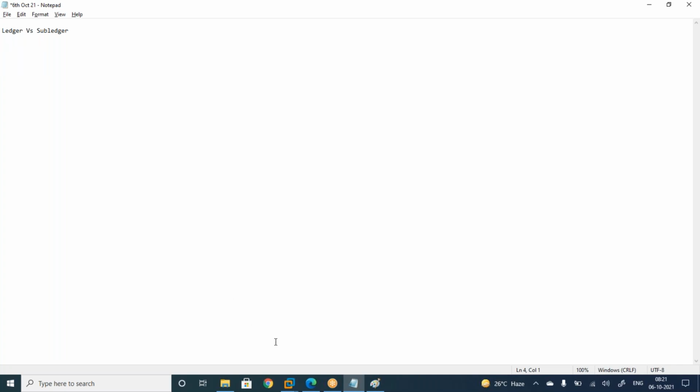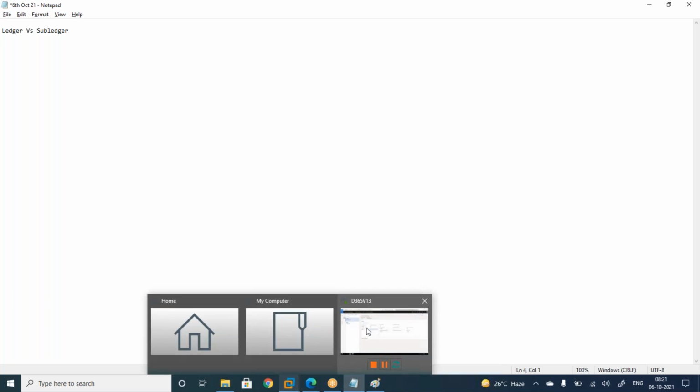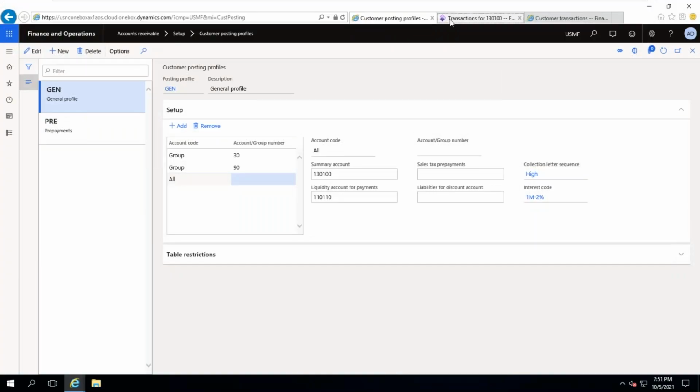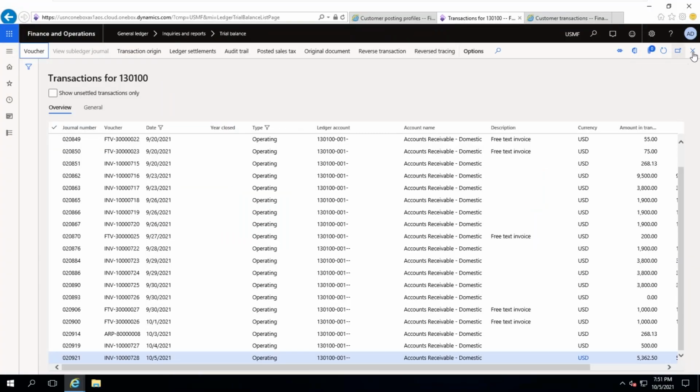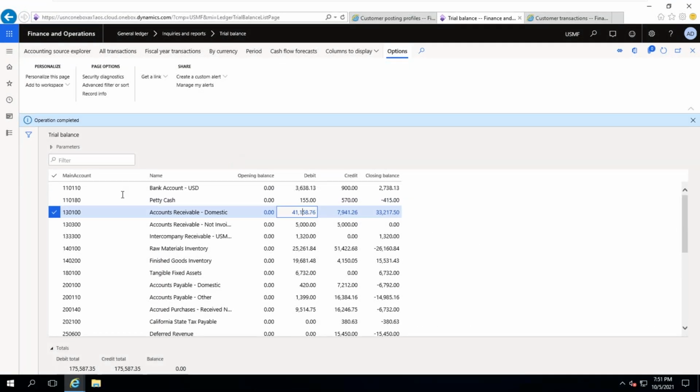So we are making a group and we are looking at a group balance directly in this trial balance or balance sheet or income statement. Here we can combine everything together and we are able to see the balances.